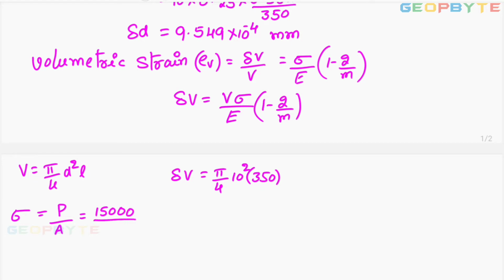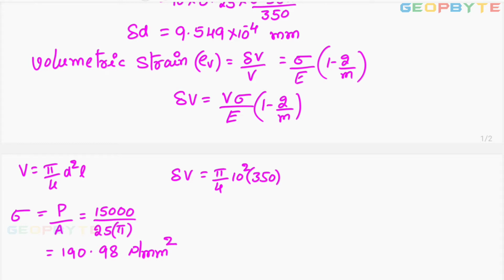Area you got is 25 times pi. Simplify this value for getting the stress around 190.98 Newton per millimeter square.